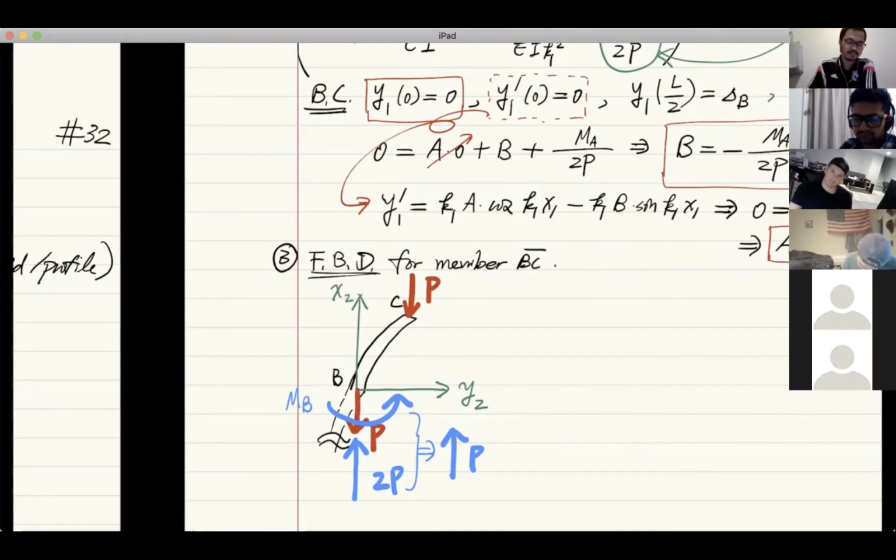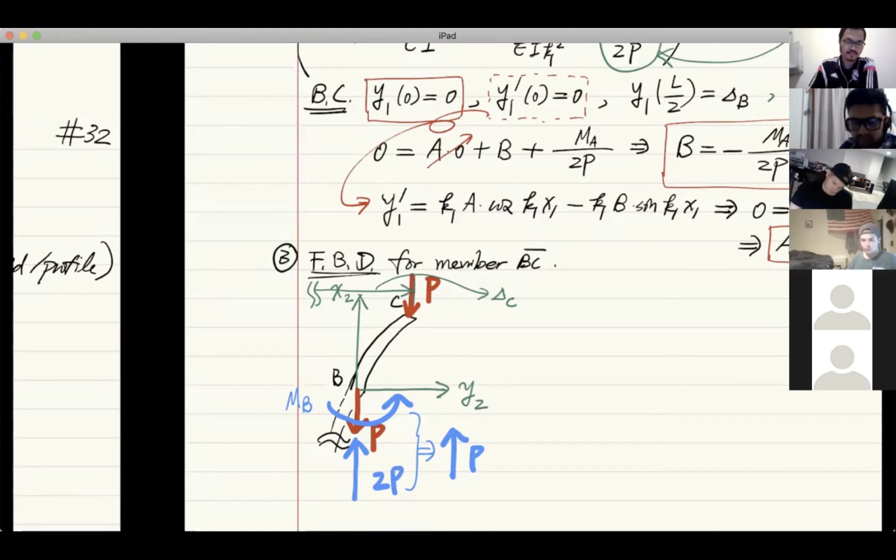Now, please do not confuse this part to be the whole thing, because from here to here, we know that this is delta C, correct? But the net distance between the force P acting at point C and the coordinates of x2 and y2 is not delta C, but it's delta C minus delta B. Would you agree?